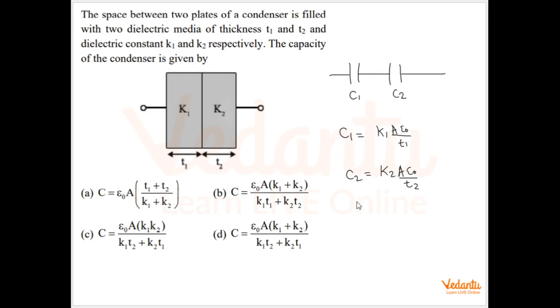Now, the equivalent capacitance will just be given by 1 by C1 plus 1 by C2. That will be 1 by A epsilon naught into T1 by K1 plus T2 by K2.